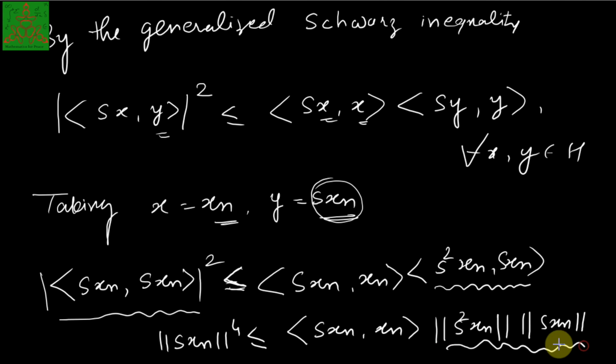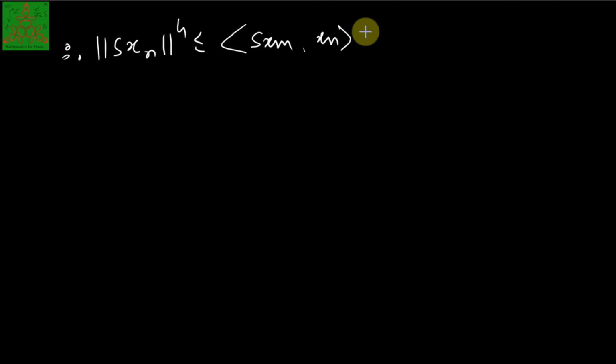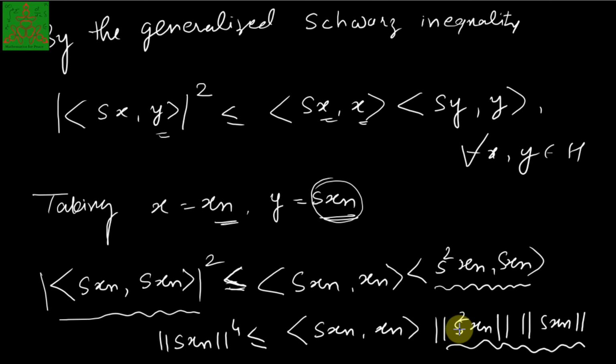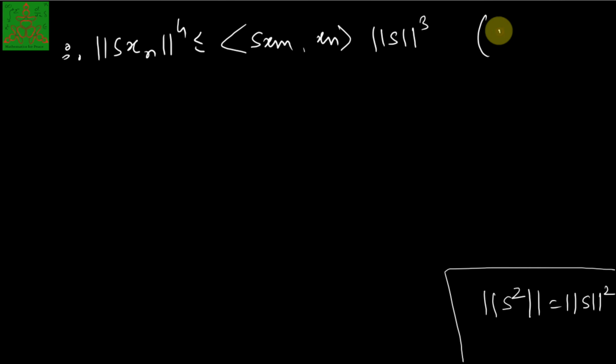This quantity I can further write as less than or equal to the norm of S cubed, because S is a self-adjoint operator, the norm of S squared is the same as the norm of S whole squared. So it is the norm of S squared, and together with the norm of S we get the norm of S whole cube, and as the norm of xn is equal to 1 this gives me this. Call it inequality 1.